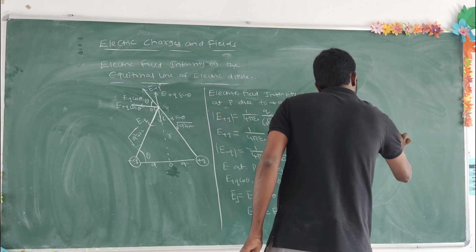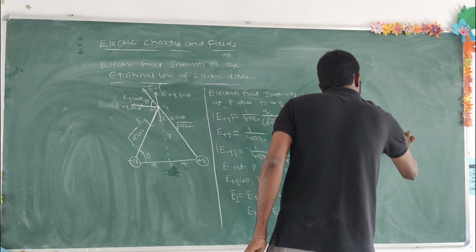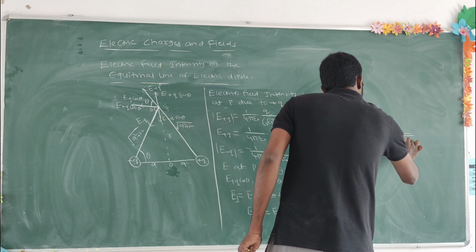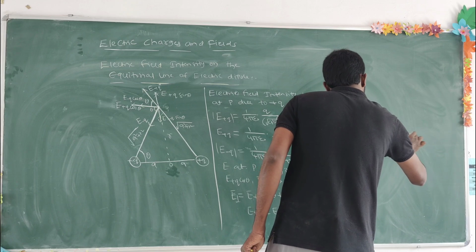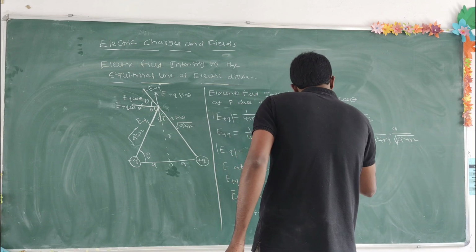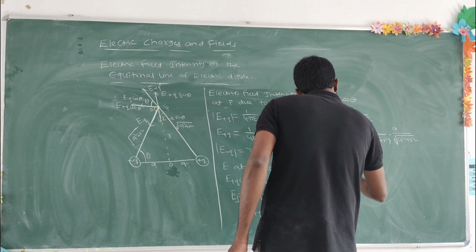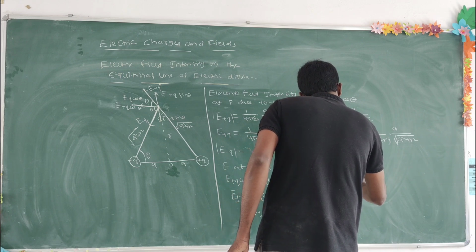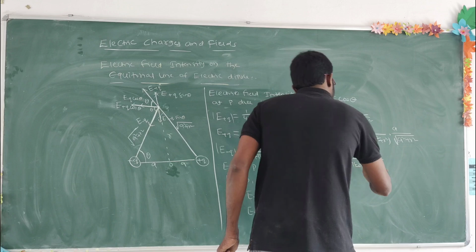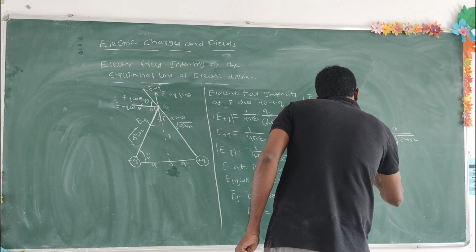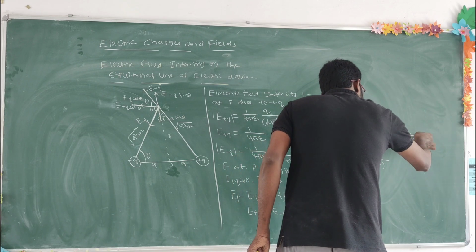Multiplied by cos theta, which is a by under root a square plus r square, we get 2a cube by 4 pi epsilon naught into a square plus r square into under root a square plus r square.